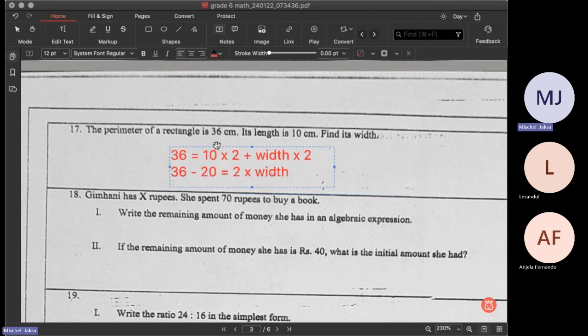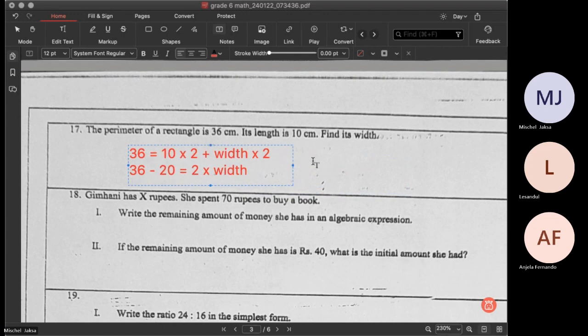So 36 minus 20, what is the answer? 16. And 16 is equal to 2 times width. So in order to get the width, we have to divide 16 by 2. 16 divided by 2, we get 8 centimeters.